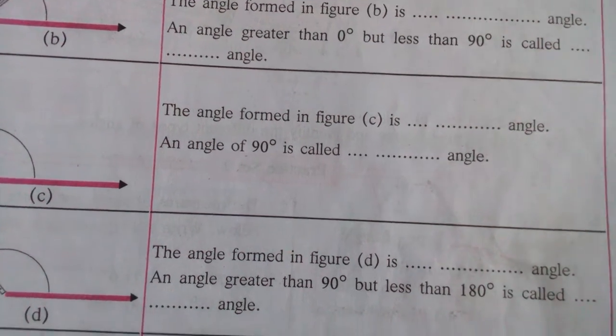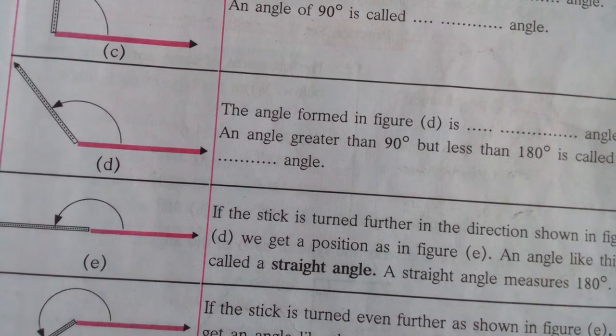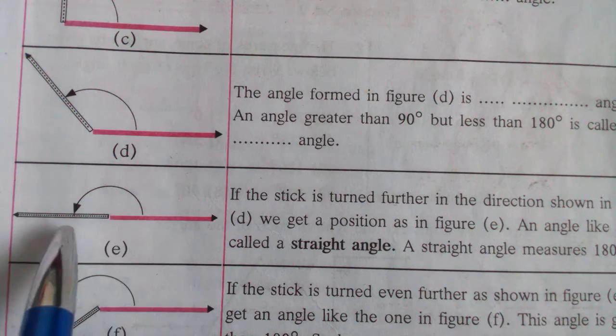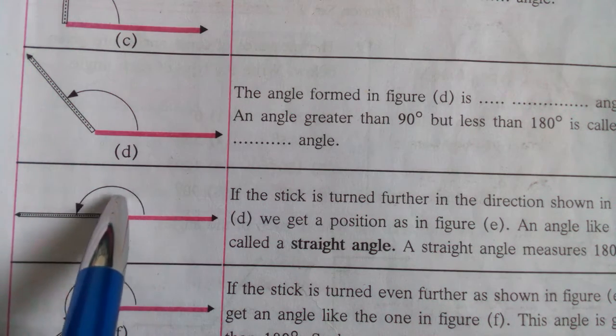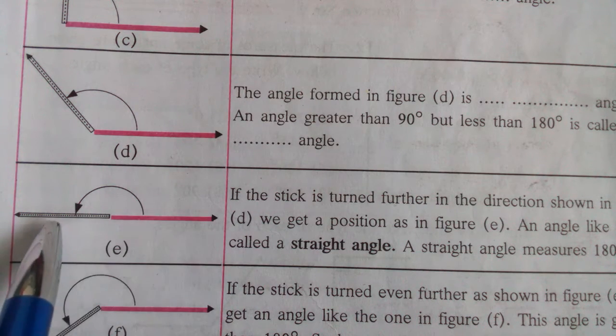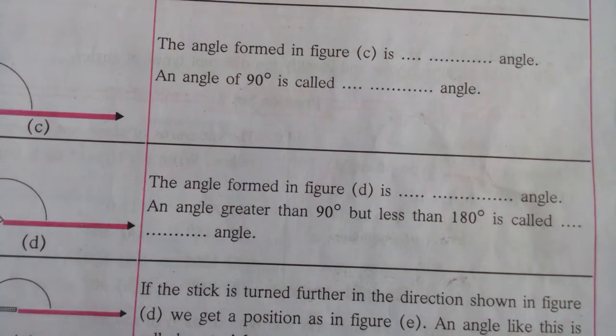All of you understood? Now see the next one, straight angle. If you observe this figure, the angle formed between the two sticks is said to be the straight angle. It means an angle of 180 degree.